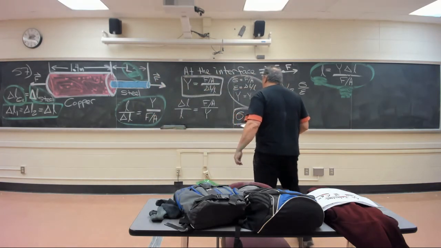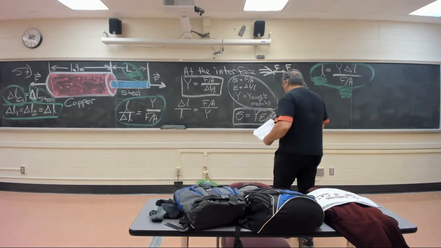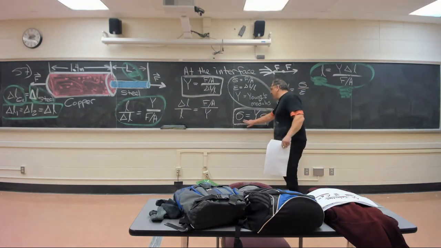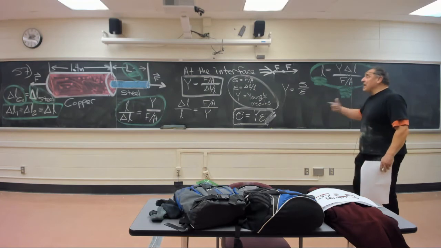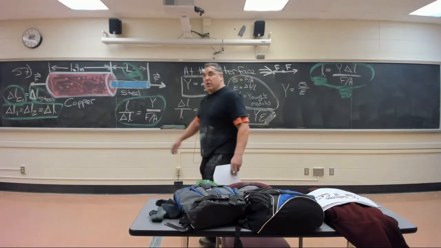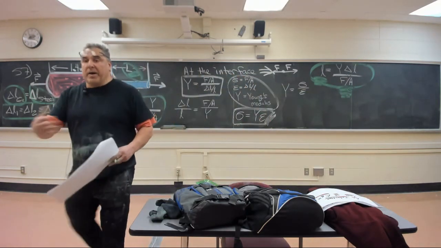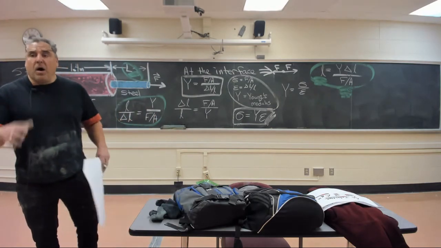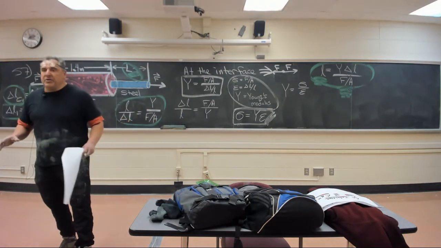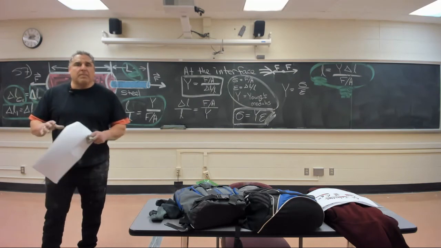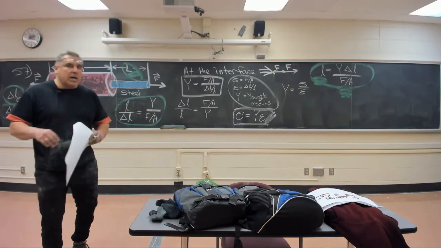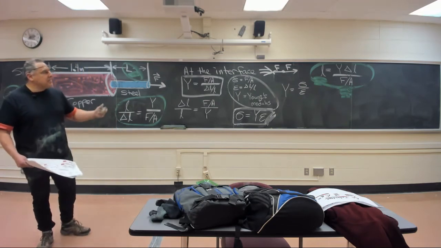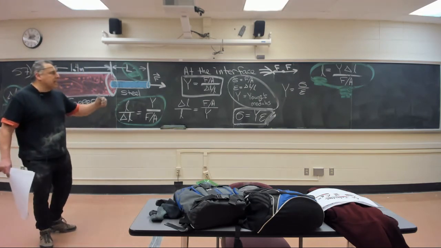Okay, here we go again. And again, the similarity of F equals Kx cannot be understated. That's big stuff there. It happens with a lot of other stuff. If you're talking about the shear modulus, where a shear is going on, or a volume is changing, there's a bulk modulus, and you're talking about volume change, or something is being sheared, and you're talking about the shear modulus, or in this case, something's being elongated or compressed, Young's modulus.